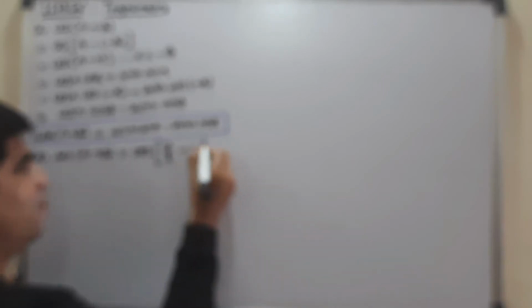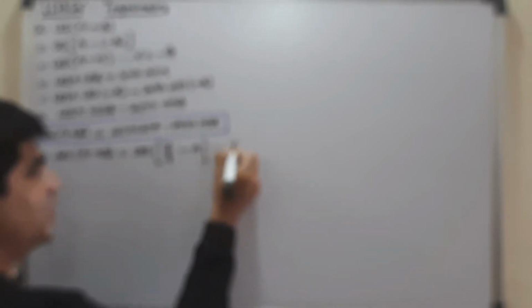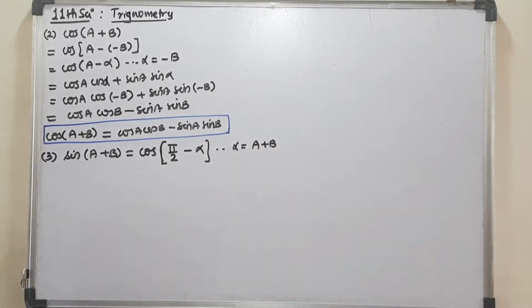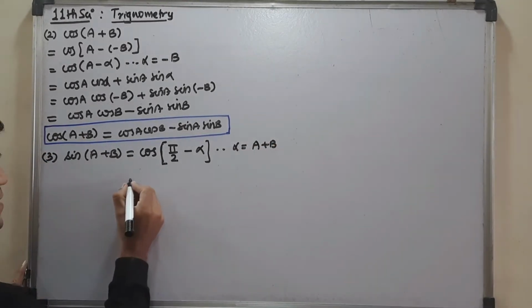Okay, 180 by 2, that is 90. Cos 90 minus theta, right? So what is theta over here? I am considering sin theta as this one. Let it be alpha. What I am saying here is that alpha is my a plus b. So I am writing it like this now.